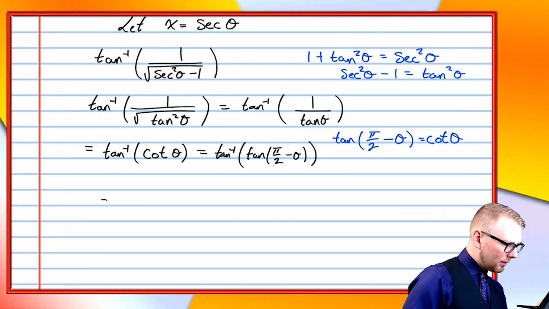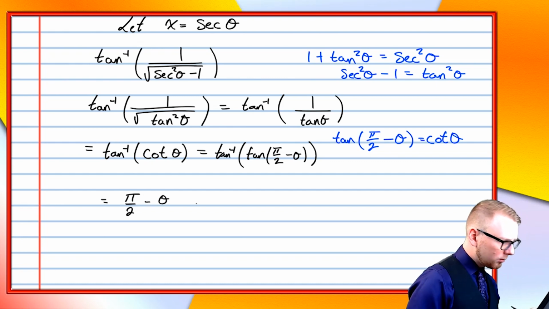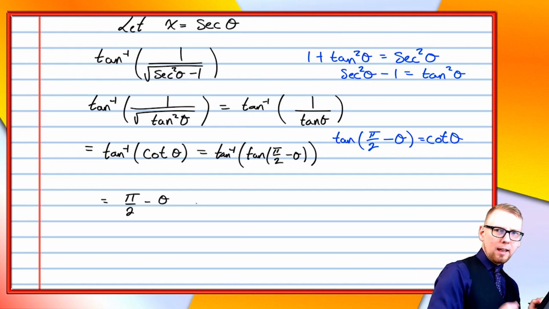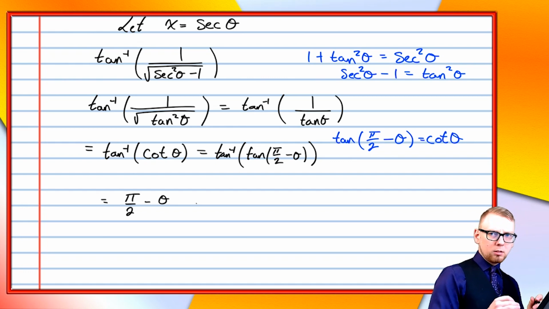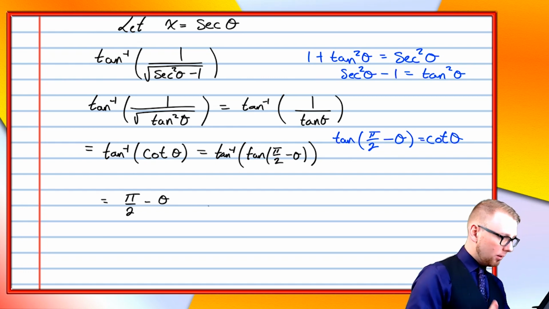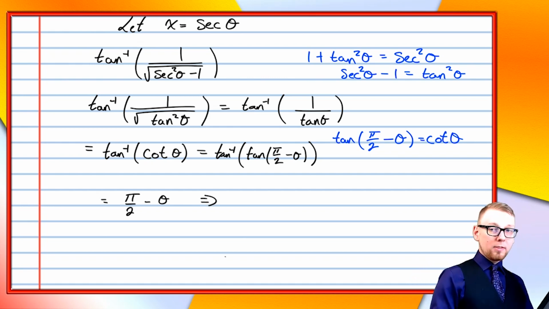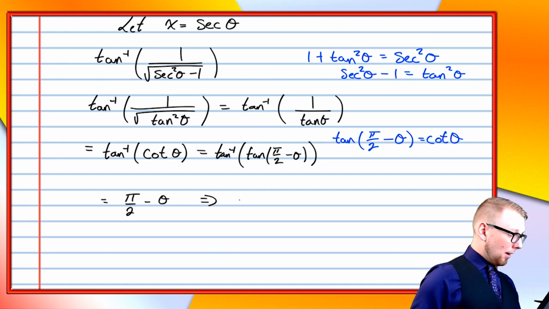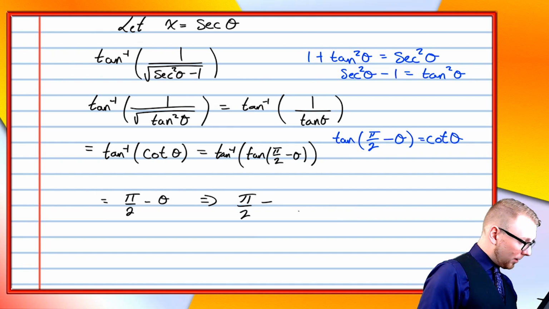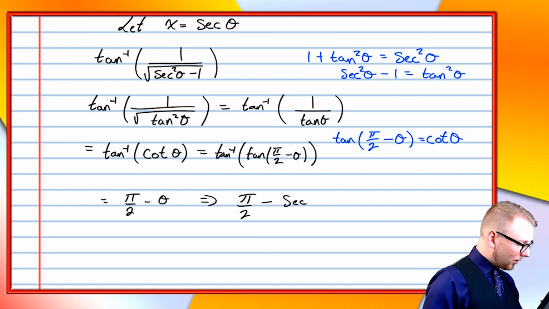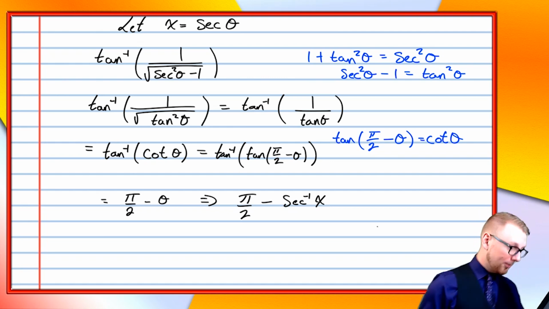So we've got this equals pi over 2 minus theta. Remember that we let x equal secant theta. So that means theta would be secant inverse of x. That means the answer is pi over 2 minus secant inverse of x. All right. Okay, let's go.